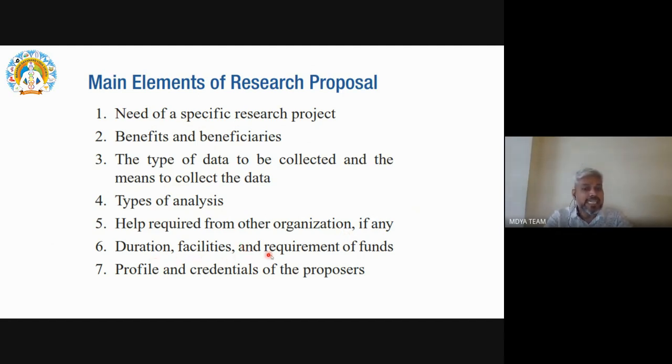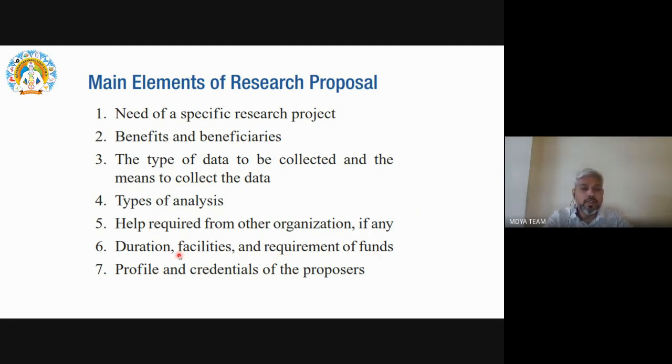Duration, facilities, and requirement of funds. If you are conducting very high level research or clinical trials, where you require a lot of money, then you need funds for that.